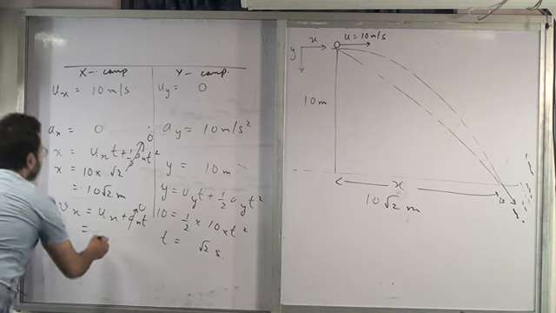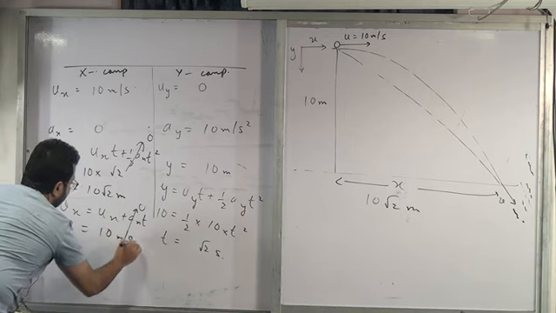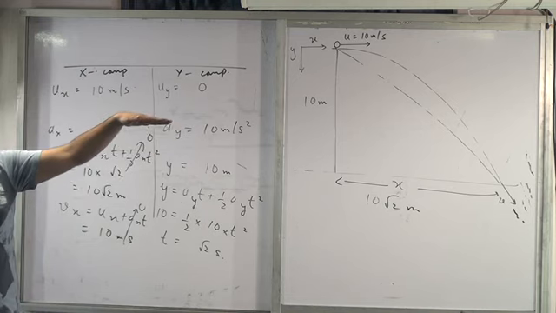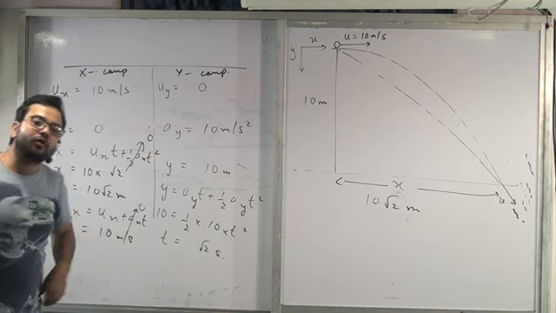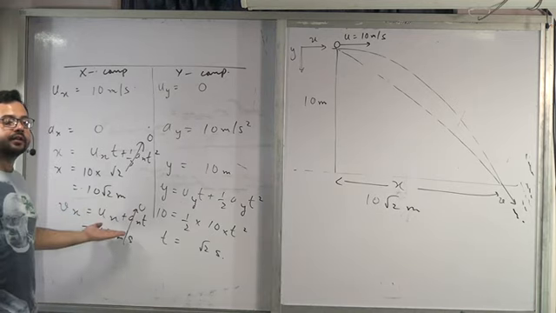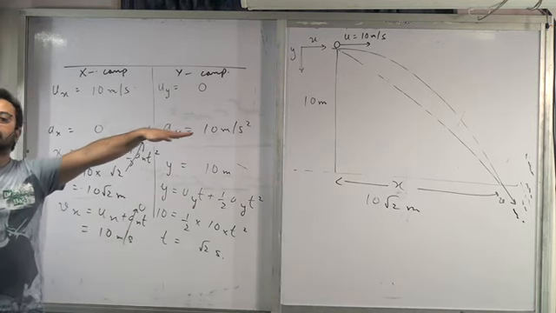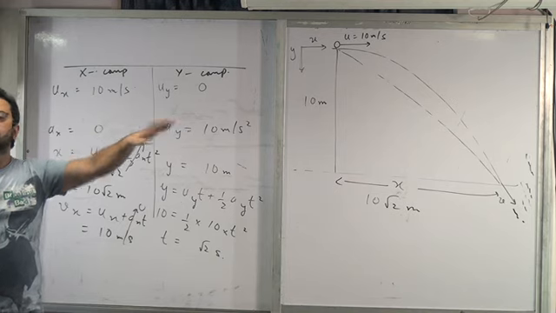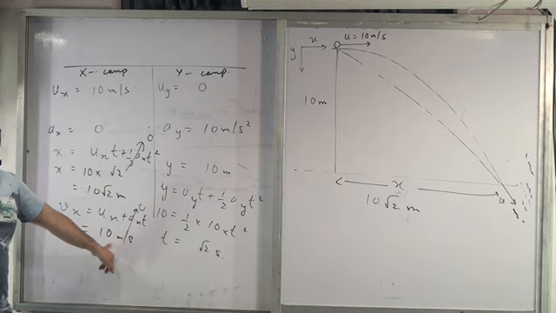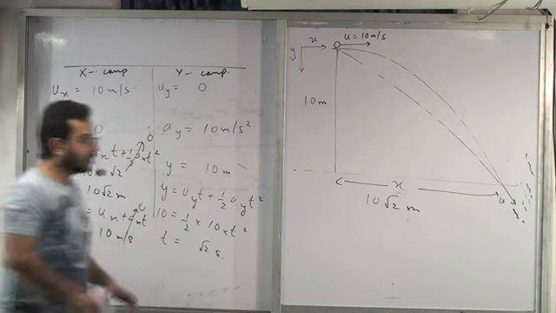How much is ux? ux is 10 meter per second. If there is no acceleration in the horizontal direction, should the velocity change in the horizontal direction? It should not. So I don't even need to calculate this. The horizontal velocity will remain constant. Is that clear?